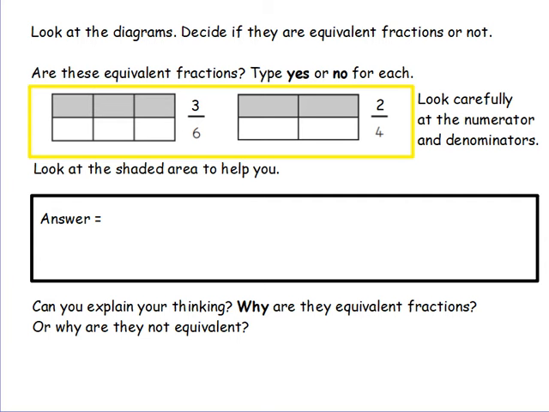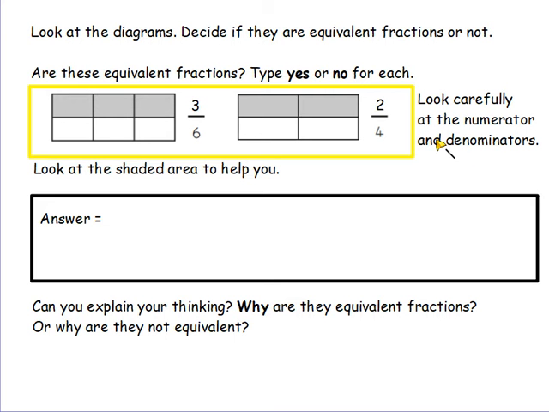Okay, for your work today then, Y3, on your worksheet you're going to have 2 fractions and you need to decide if they are equivalent. Okay, so it says look at the diagram, decide if they are equivalent fractions or not. Type yes or no for each one. And there's some top tips here.